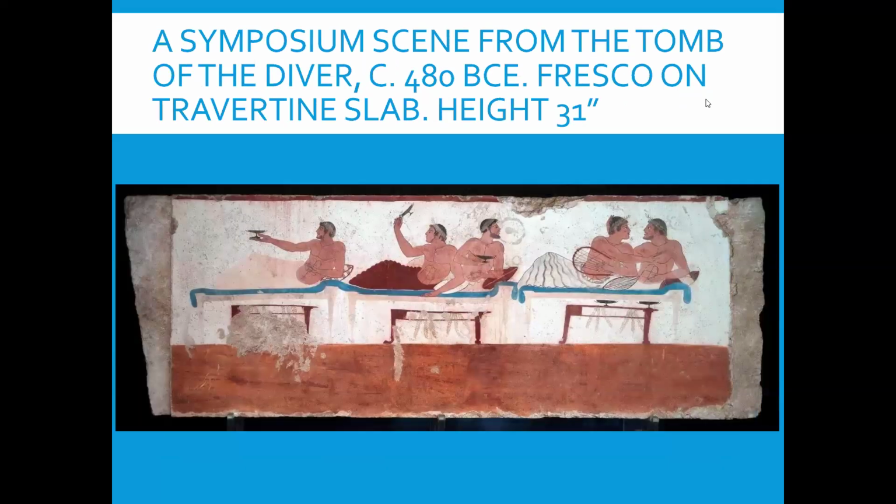Also inside the tomb was this depiction of a symposium. A symposium in ancient Greece was a place where only men were invited. Occasionally there may be a woman who is a slave who would be serving the men, but generally, it is a place for men. These were wealthy aristocrats who would participate.